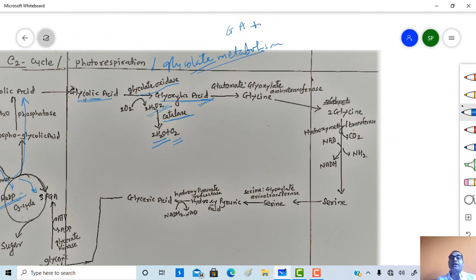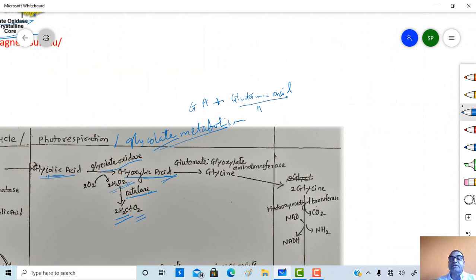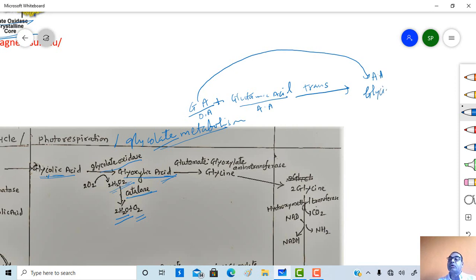When this glyoxylic acid condenses with glutamic acid, which is an amino acid, under the influence of the enzyme transaminase or aminotransferase, this glyoxylic acid, an organic acid, is converted into the amino acid called glycine, while the amino acid is converted into an organic acid like alpha ketoglutaric acid.